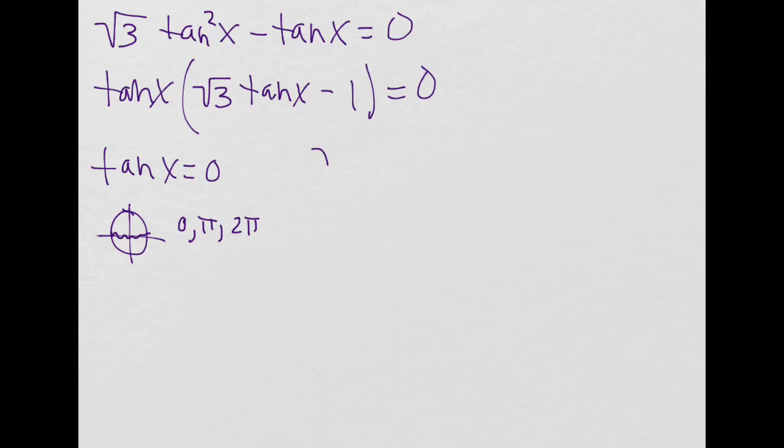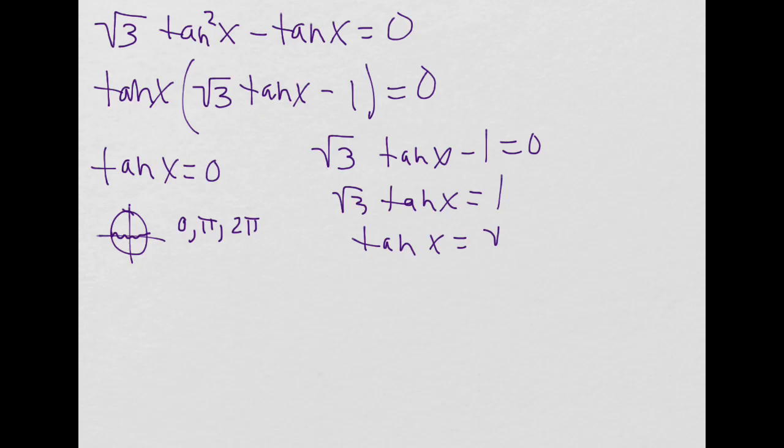Second question, when is the square root of 3 tangent x minus 1 equal to 0? Well, again, get tangent by itself. So root 3 tan x equals 1. Tan x equals root 3 over 3. And again, notice, really, tan x is 1 over root 3, but I just rationalized my denominator.